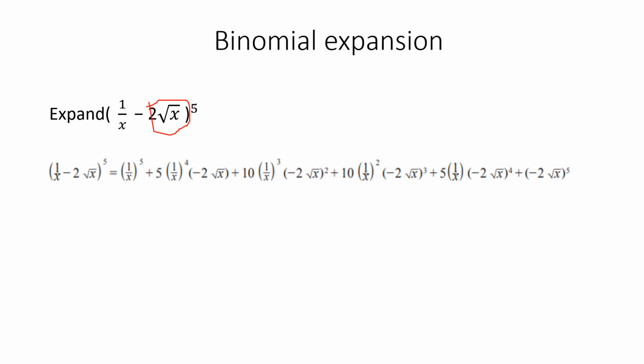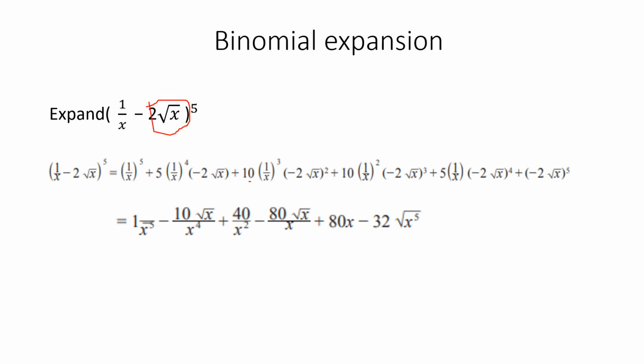So as we expand, we decrease the exponent of the first term and increase the exponent of the second term, and we do that up to here, right? So we continue by simplifying.